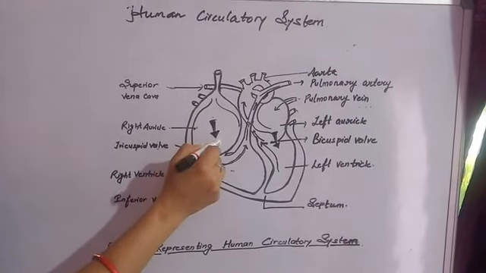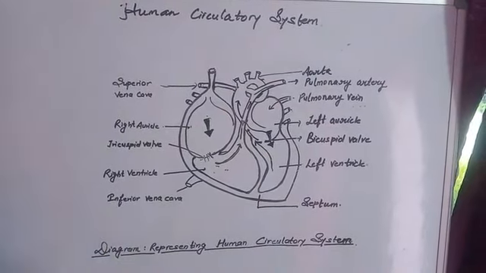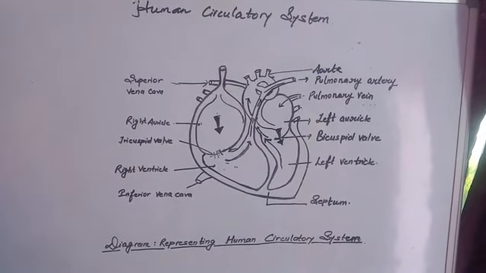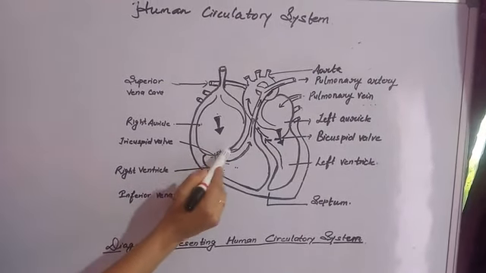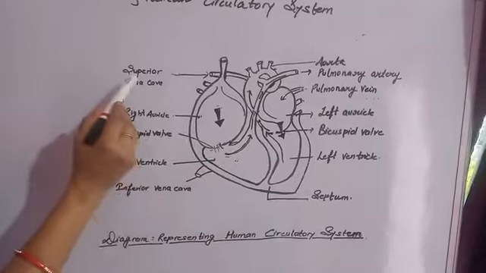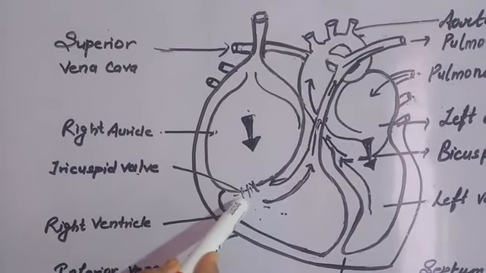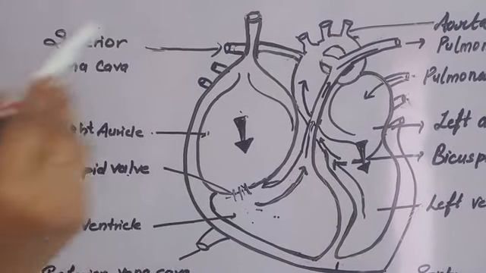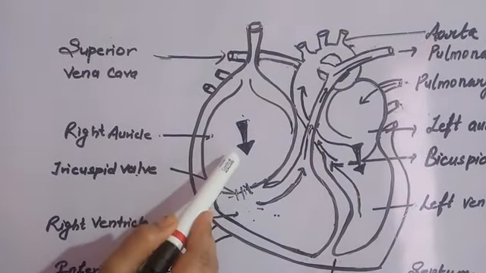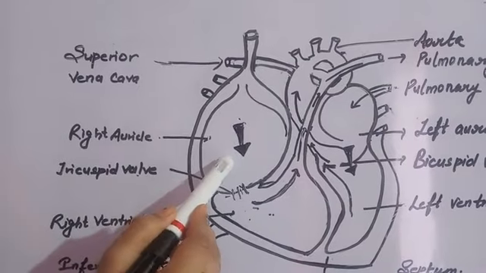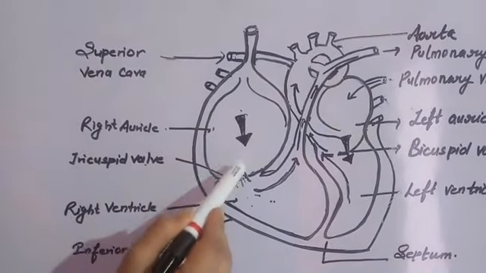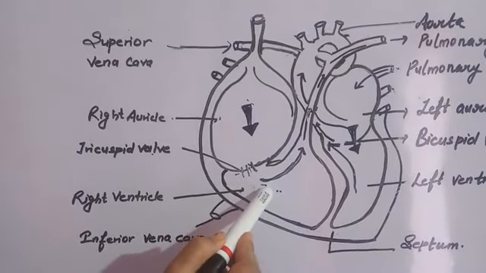Now when the blood is filled, it will look for a passage. Here a tricuspid valve is present. I'm talking about deoxygenated blood, the blood which is not carrying oxygen. So the deoxygenated blood fills the right auricle and then enters into the right ventricle.